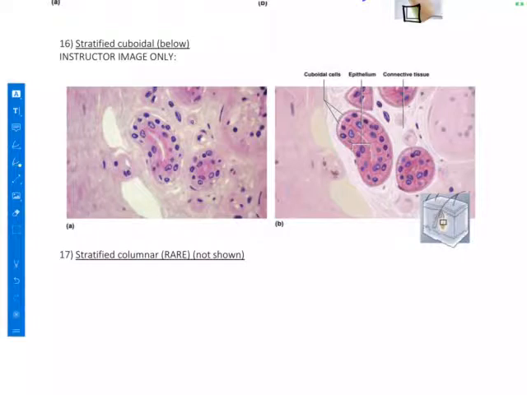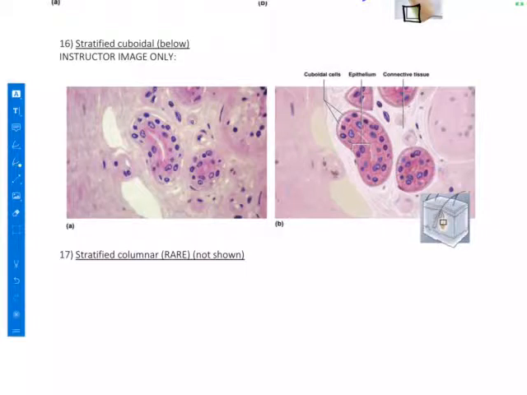You would find them in the testes, where they're responsible for producing sperm. And they also produce ovarian hormones. They're in tissue that produce ovarian hormones. So some examples would be the sweat gland ducts, the ovarian follicles, and the seminiferous tubules of the testes.